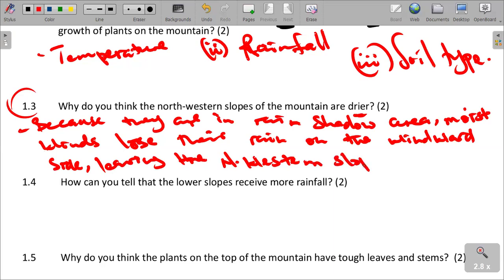So what is happening here is that there is no rain on the northwestern slopes because the moisture is lost on the windward side. They are in the rain shadow area, which does not have rainfall, because these winds that are supposed to cause rainfall on this side lose their rain on the windward side.